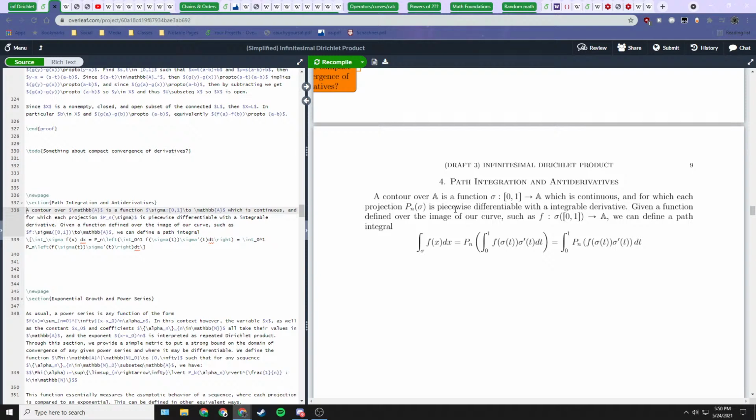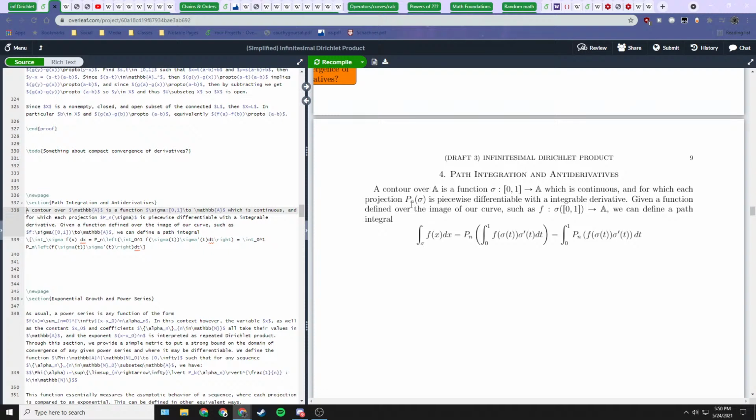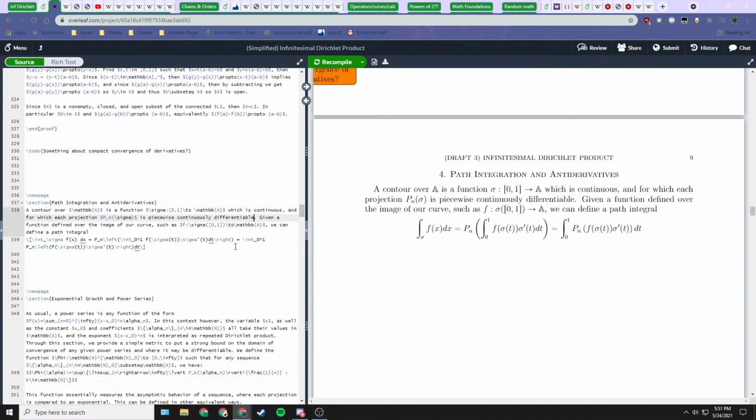We might want to say the projection has bounded variation. We could probably just upgrade this to continuously differentiable. Yeah, actually that makes a little more sense. Okay, I guess we'll just go with that for now. It's not that big of a deal.